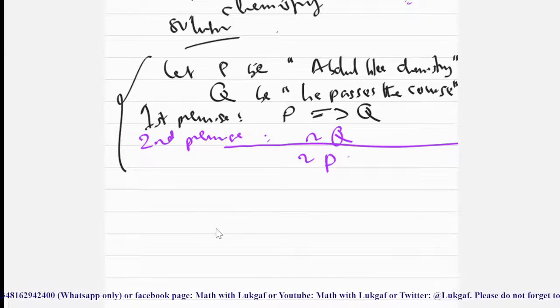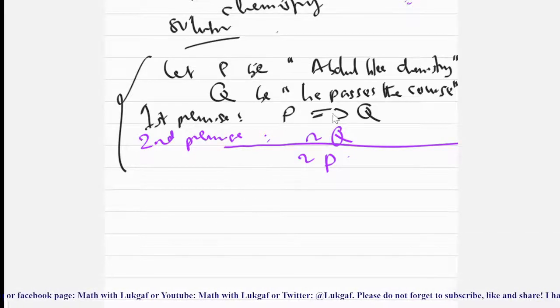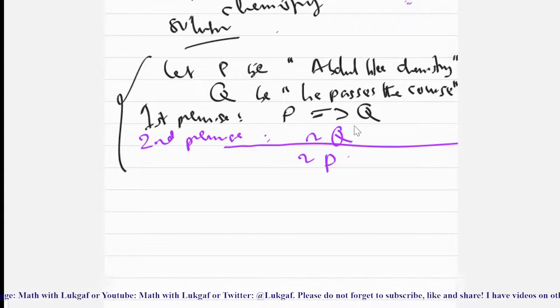Okay, now can you write it symbolically? In symbolic form, since we have two propositions, what do I ask you to do? Just combine the two premises together.